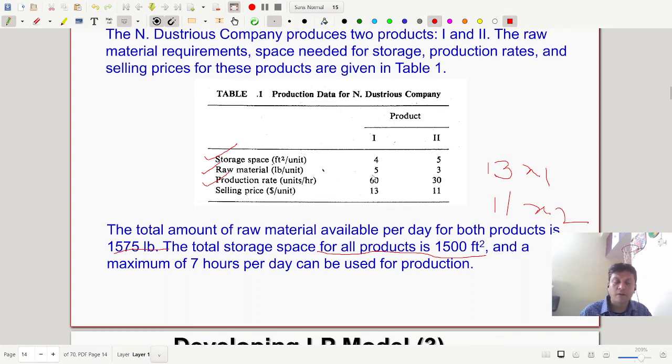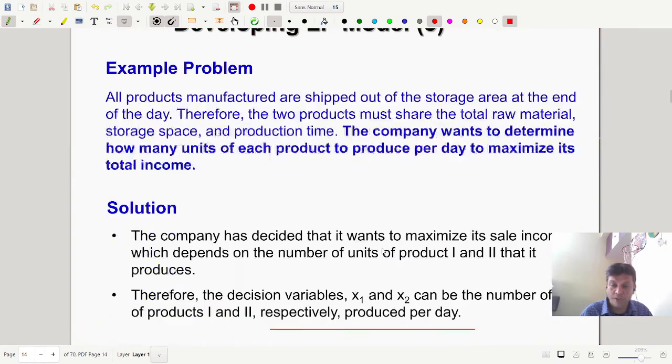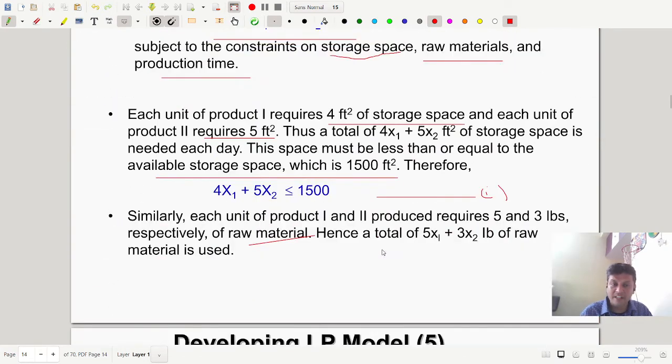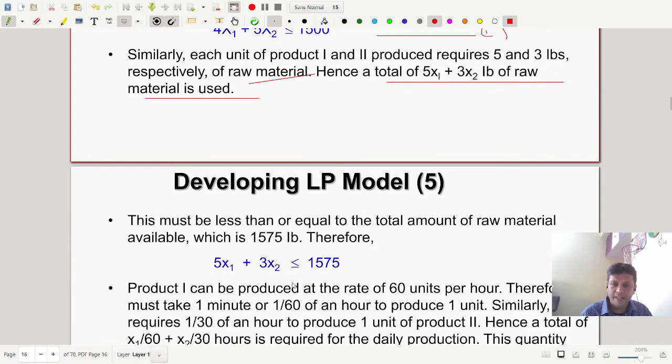So for x1 units, you need 5x1 pounds, and for x2 units, you need 3x2 pounds of raw materials, and that must be less than or equal to 1575, because this is the maximum raw material available. So hence total 5x1 plus 3x2 pounds of raw material is used, and that must be less than or equal to 1575. That is the second constraint.